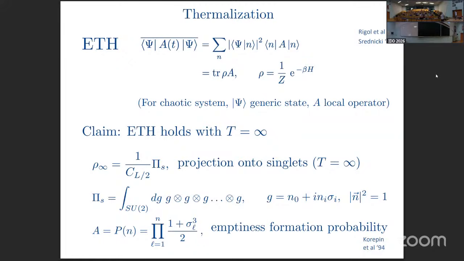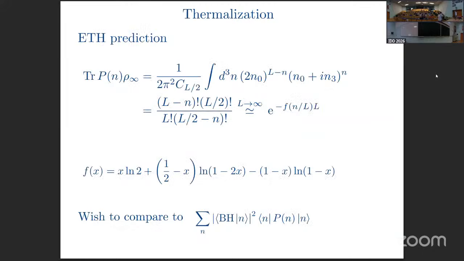We have a concrete expression for our operator. So we can simply compute the trace of the combined action of the two. And it's a group integral, which turns into an angular integral. Here's a small n coming from the emptiness formation probability and the rest here.